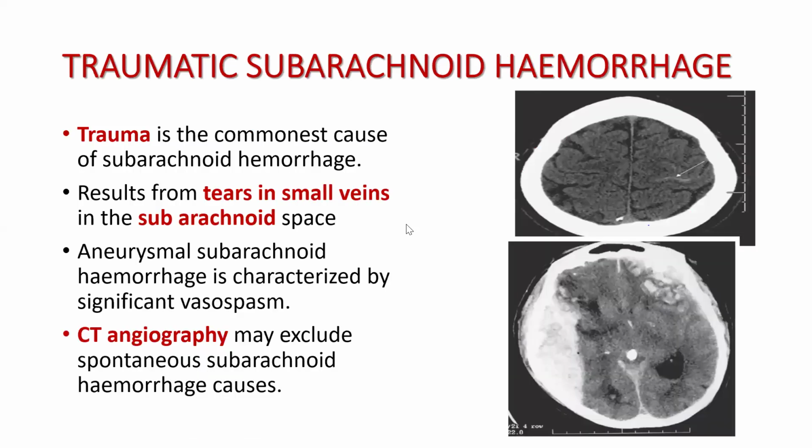Do you see my arrow? In the upper right image of these two images, you see the upper one? Do you see an arrow in that image? Yes, with the small hyperdense. So that is a subarachnoid.